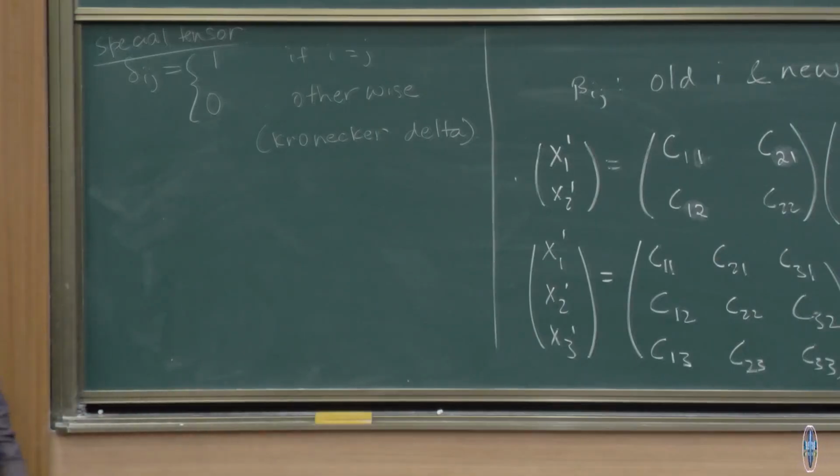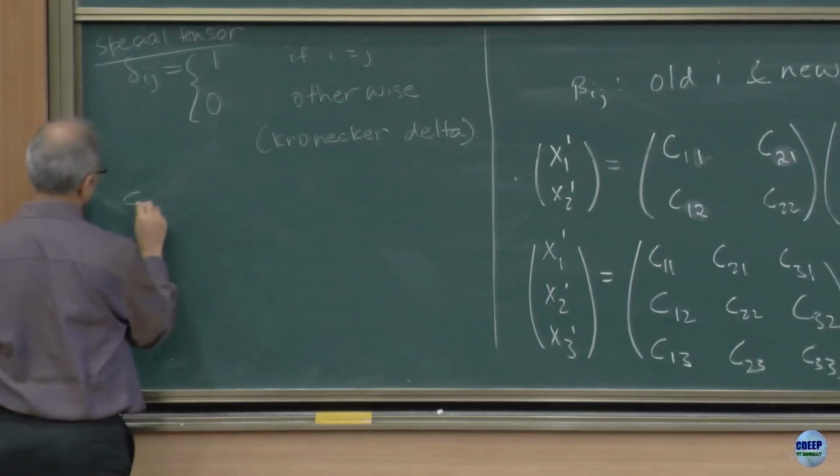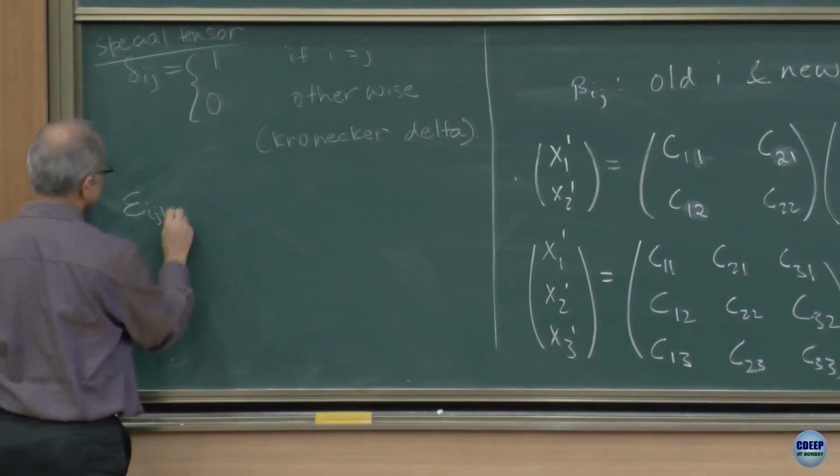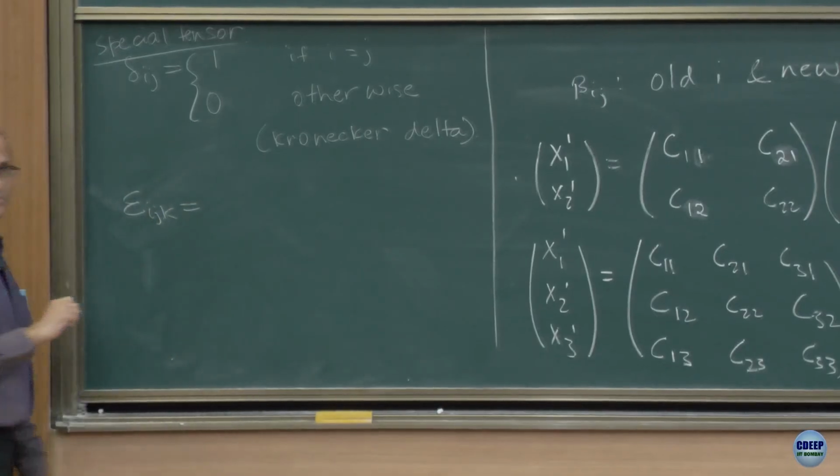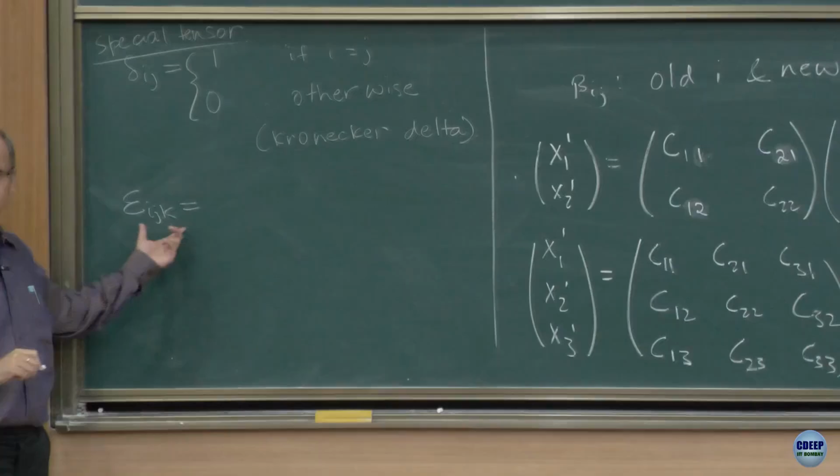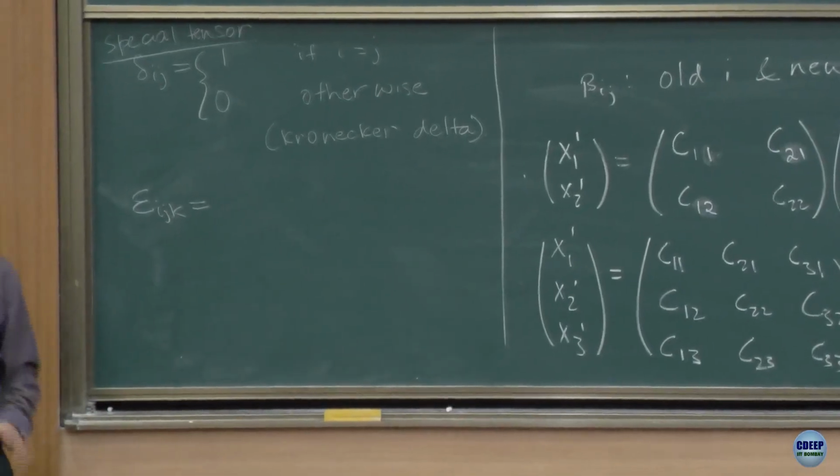Now there is another interesting tensor, epsilon ijk. What type of tensor is this? This is a third order tensor.